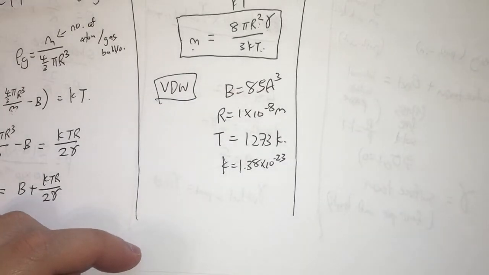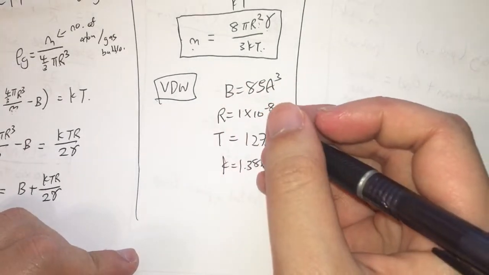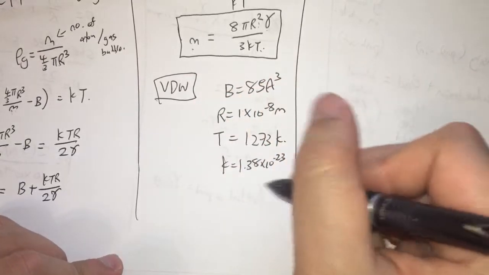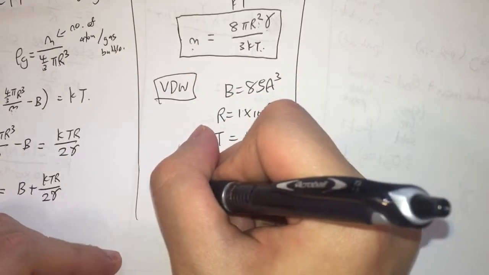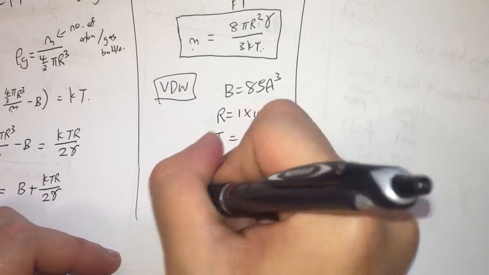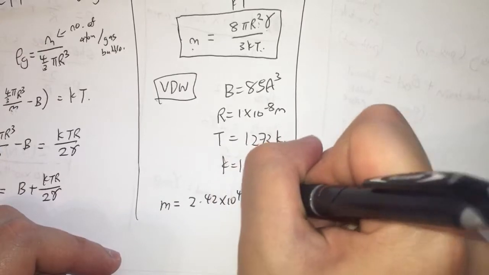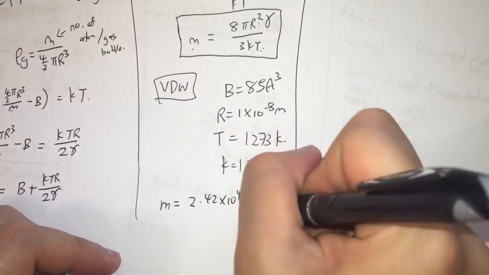Just can't remember off my head. If this is substituted into Excel, we'll find that M equals 0.42 times 10 to the 4 atoms per bubble.